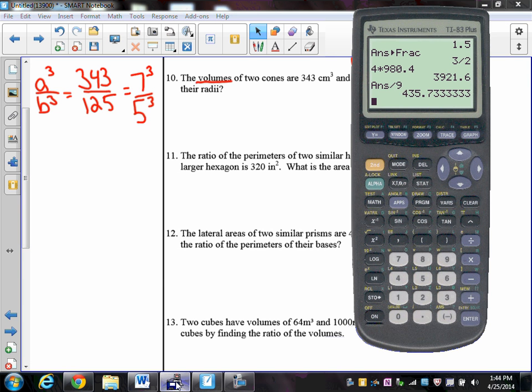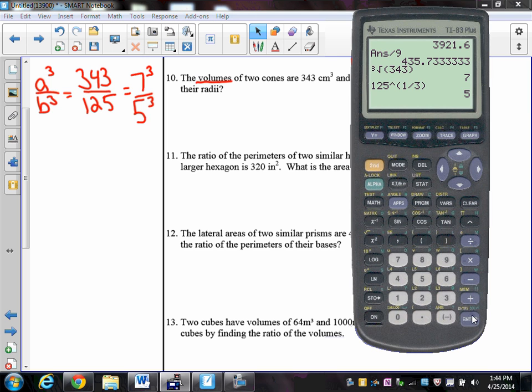There's a couple ways you can do this in your graphing calculator. One of the most common ways is to hit Math 4 and you type in 343. So that takes the cube root. You can also type in 125 or whatever number you want to take to the 1/3 power. So whenever you do that, you get 5.